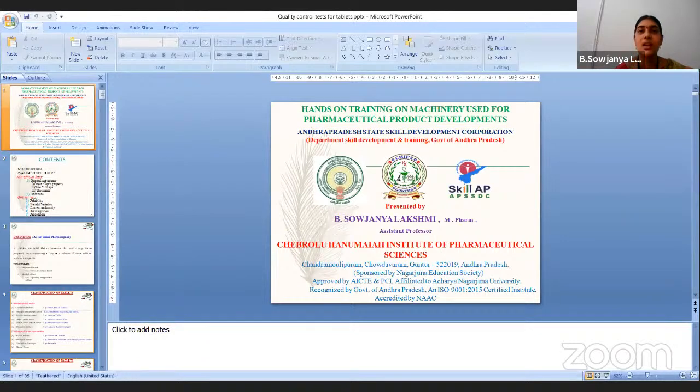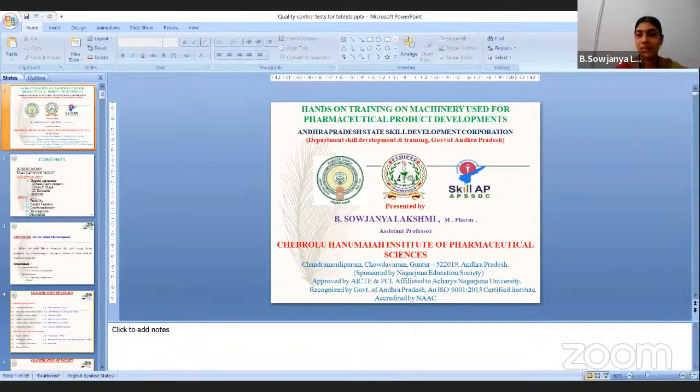These are the quality control tests for tablets, like hardness and friability, the Roche friabilator, and the weight variation test, which concerns how much variation occurs during shipment and transportation, and content uniformity. This is one of the friability test apparatus.